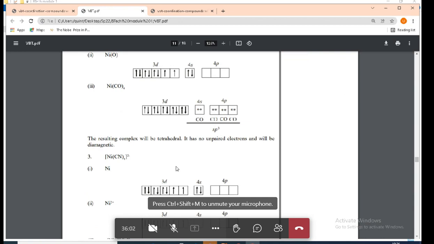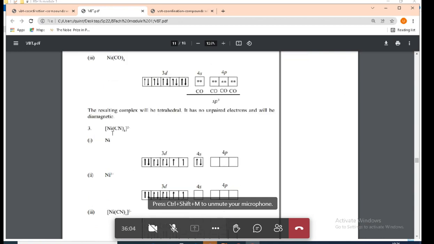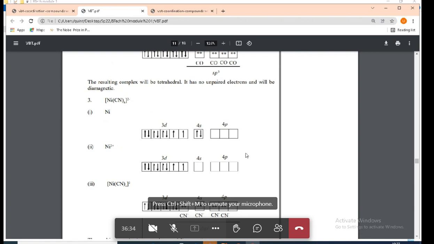Now let's take another example, nickel cyanide, [Ni(CN)4]2-. Unlike the carbonyl, which was neutral, cyanide is negatively charged. So the overall charge on this complex ion is -2, which means nickel here is in +2 oxidation state. +2 oxidation state means the 4s electrons have been removed, so this is the box diagram for nickel in +2 oxidation state.